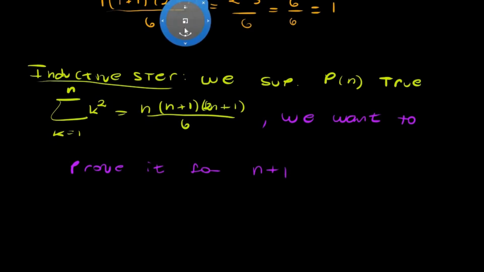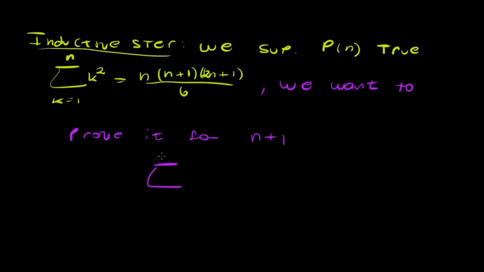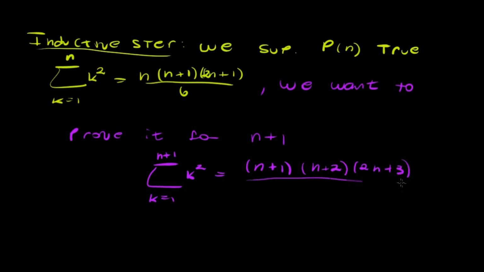So what we want to get when we finish this is that the sum up to n plus 1, starting from 1, of k squared equals, instead of n, I'm gonna do it with n plus 1, so this would be n plus 1 times n plus 1 plus 1, which is n plus 2. Here I would have 2n plus 2 plus 1, which is 2n plus 3, divided by 6. So I want to try and get this expression.